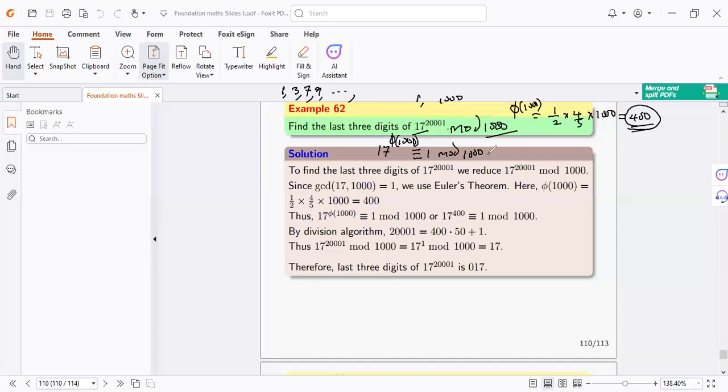So 17 raised to 5,000 is the same as 17 raised to 400, which is the same as 1 mod 1,000. But what we want is not 400. The power that we want is this number.